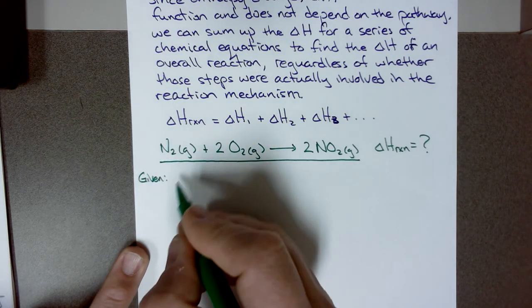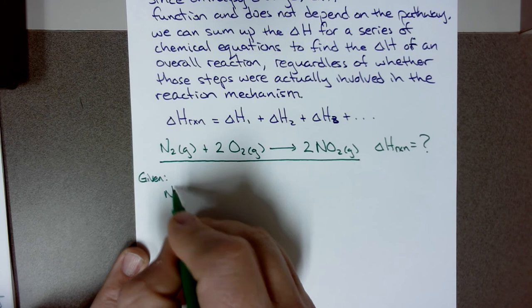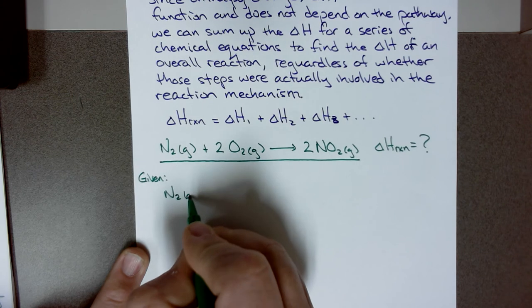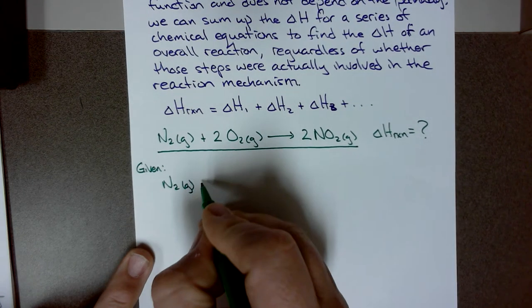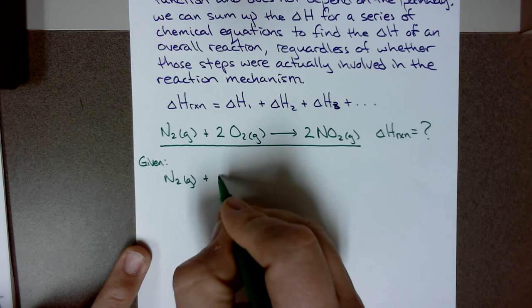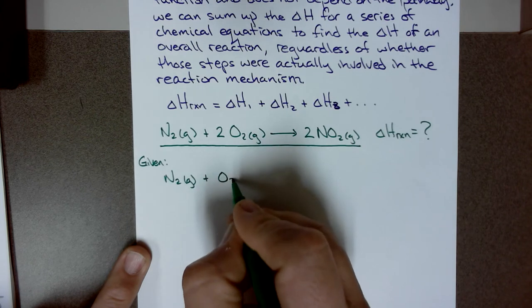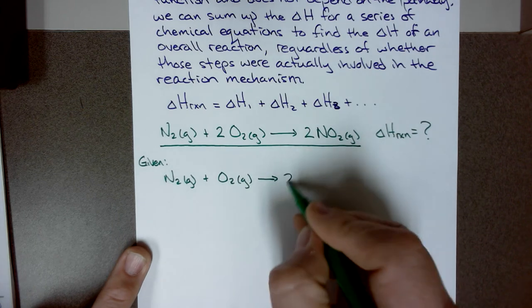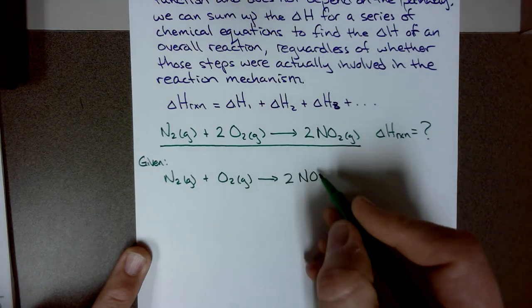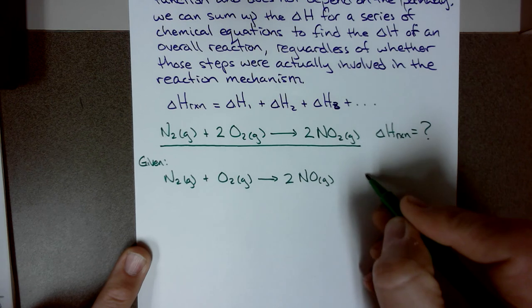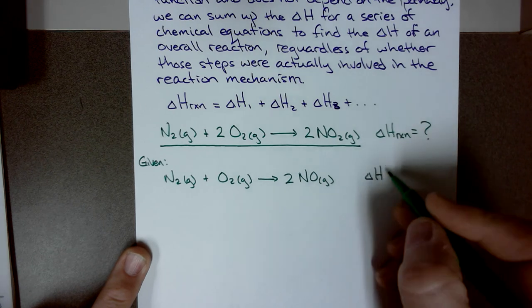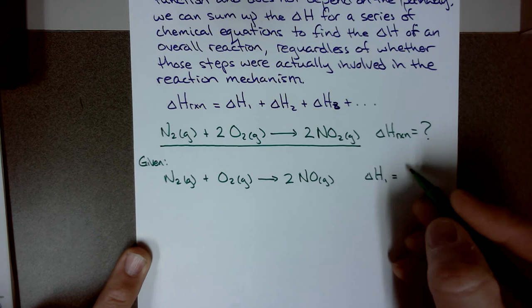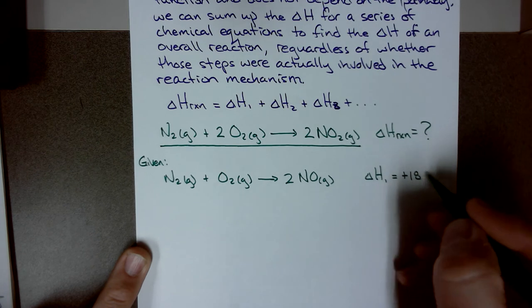So we have nitrogen gas plus oxygen gas produces 2 moles of nitrogen monoxide gas, and that has a known delta H value of a positive 180 kilojoules.